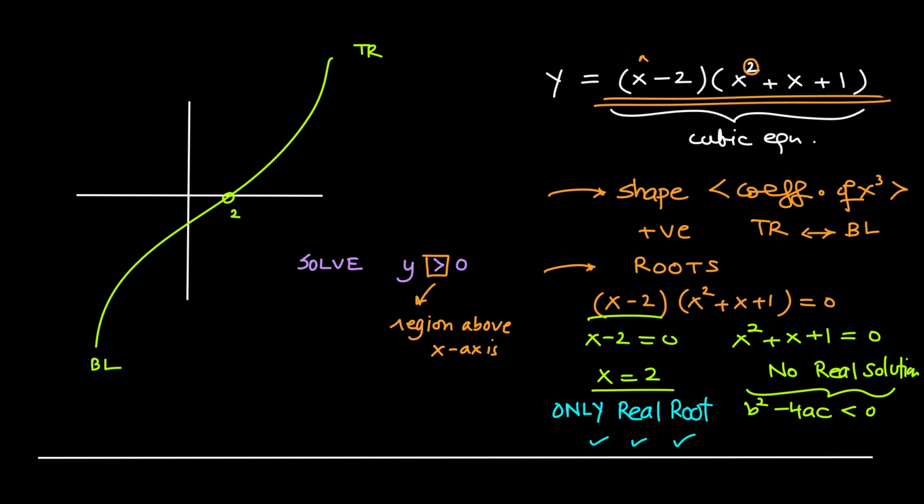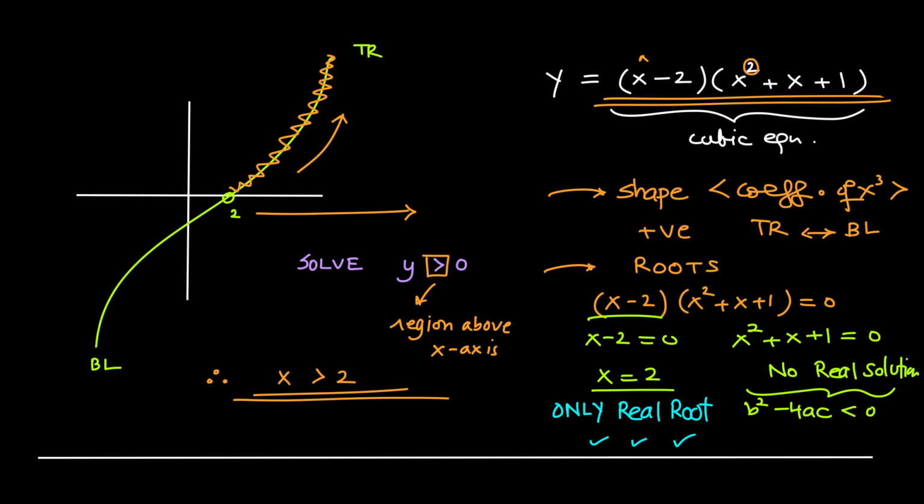And when we talk about this region, we are talking about this particular region. How can we go up the curve? If we go to the right of the root. Therefore, the answer is x is greater than 2. And that's how cubic inequalities are solved, based upon a sketch: drawing a sketch, looking at it, and writing down the answers.